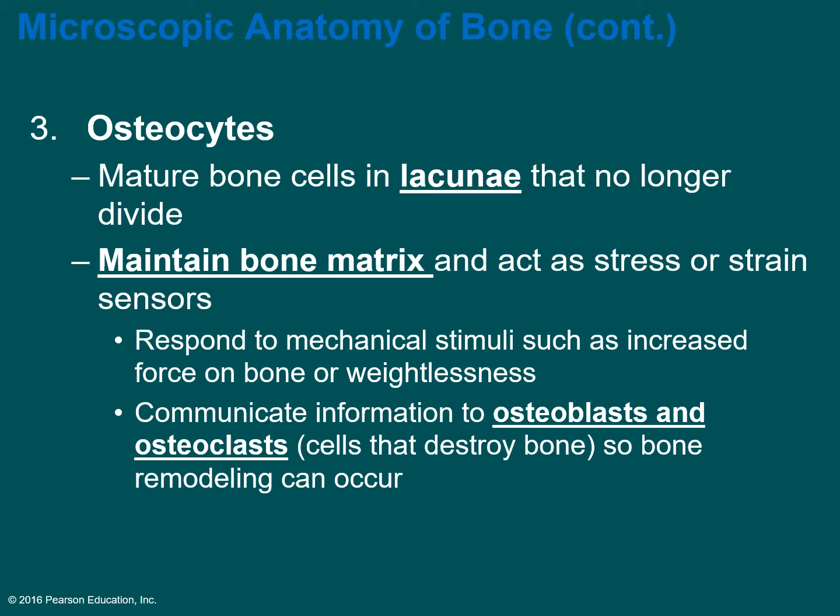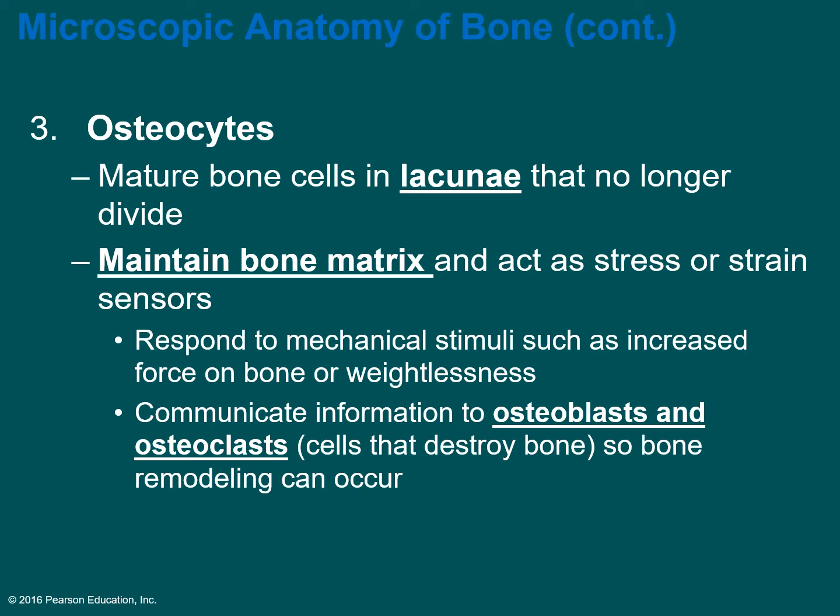They're within the bone matrix, and they're going to respond to different stimuli, whether it's increased force or weightlessness, and they take that information. So it's kind of like, I'm a sensor and I'm here. I can no longer divide because I'm stuck in the lacunae, but I can communicate to osteoblasts and osteoclasts.